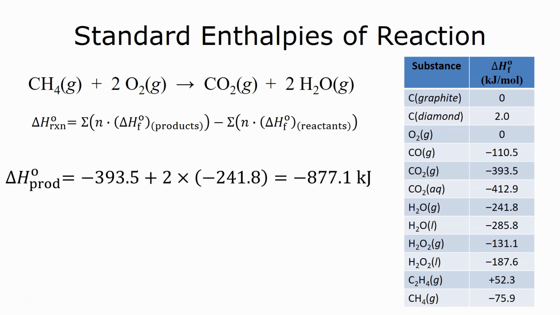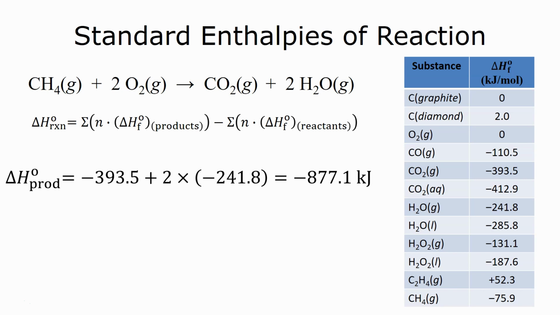So, the sum of the enthalpies of the products, be very careful here. In your charts, you're going to have many different compounds. They're close to each other, and they're not always the same. For instance, we have carbon dioxide here, negative 393.5 kilojoules per mole. It's right next to carbon monoxide. Make sure you don't use that one.